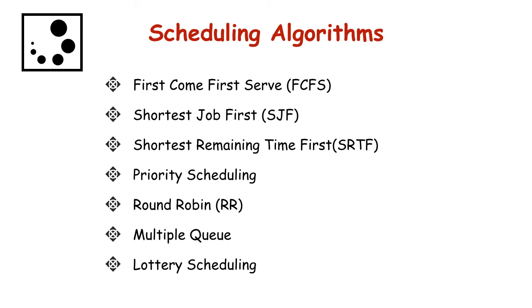Priority scheduling is basically where each process would be given a priority, and the process having the highest priority would be executed first, and the process having low priority would be executed at the end. Round robin: in this the processor would allocate a time quantum, a specific unit of time, say 3 milliseconds.